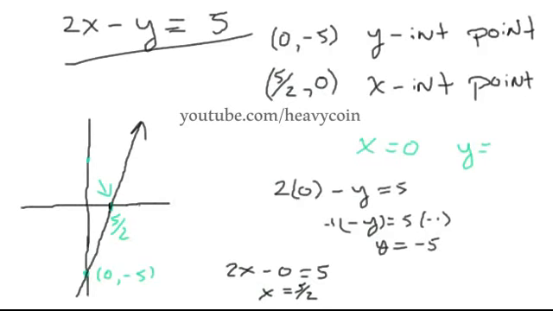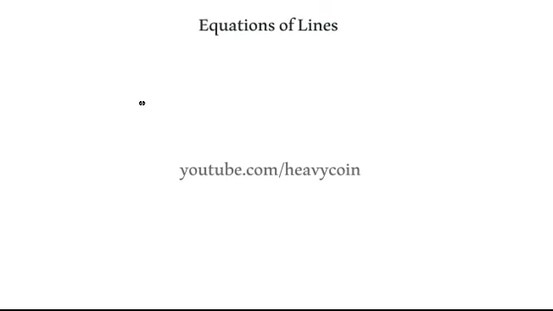Let's graph another one of these. What if we had 4x plus 3y is equal to negative 12? We want to graph this.